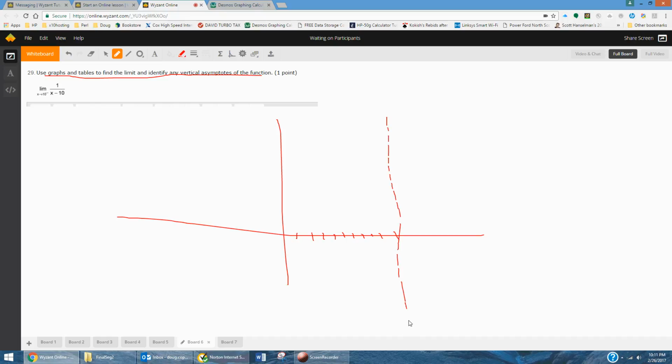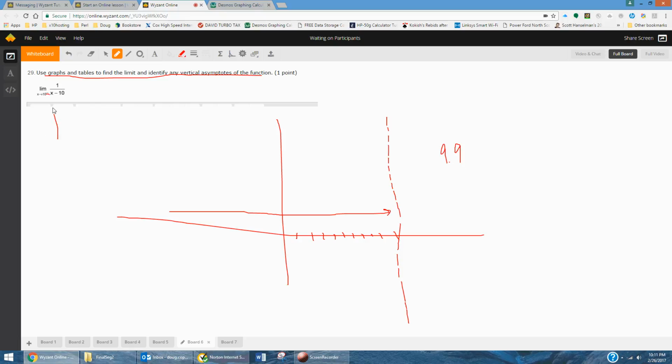So there's the vertical asymptote. I'm asked, what's the limit as we come in from the left of 10? That is, we're coming in this way. Well, a number just to the left of 10 would be like 9.9.